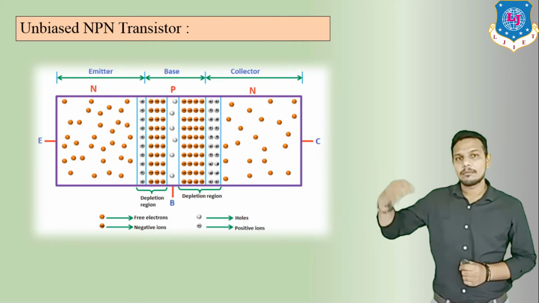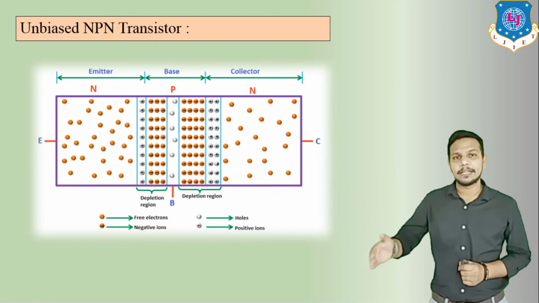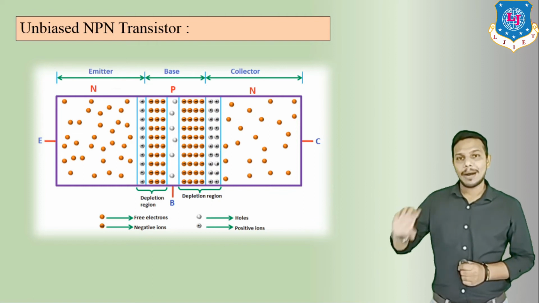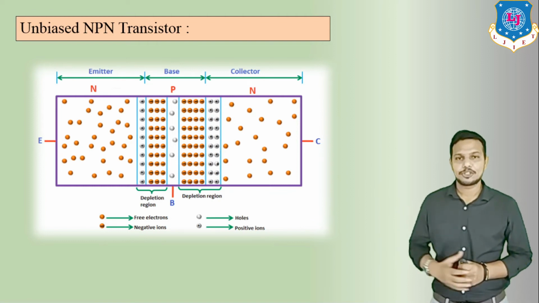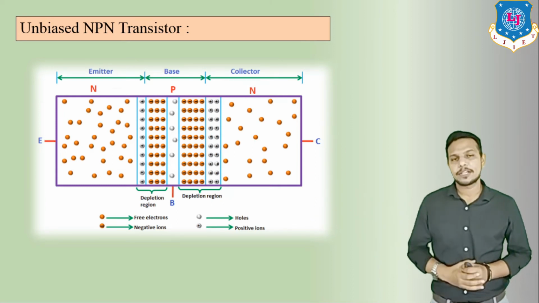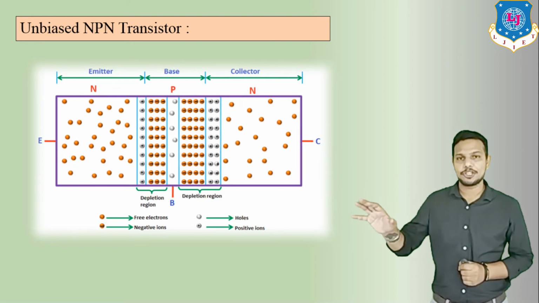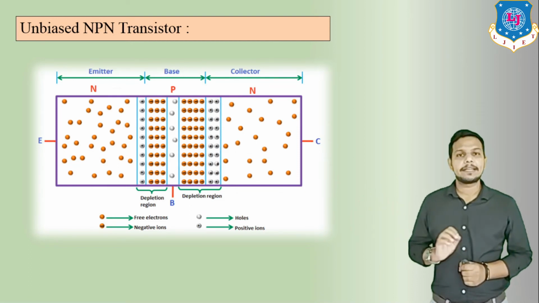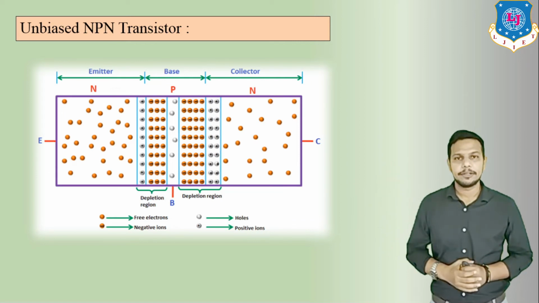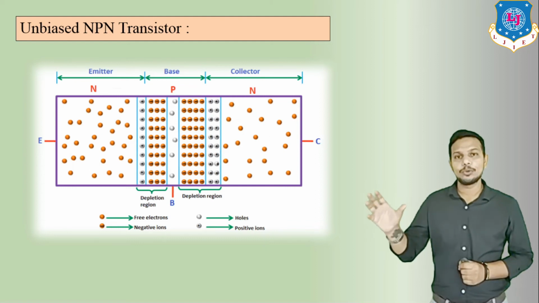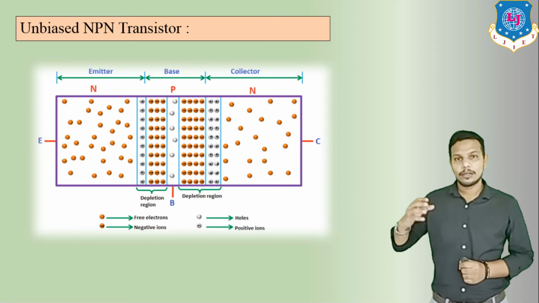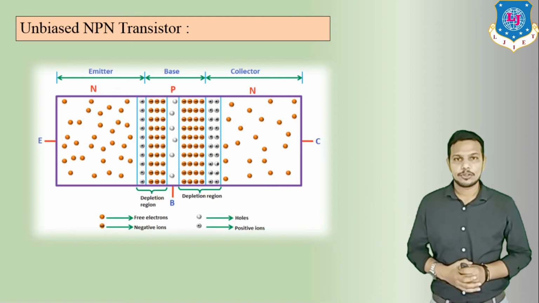The number of electrons and ions is greater inside the P-type material, or we can say inside the base terminal, because the minority carrier charges there are electrons, as we can see from this construction of the NPN transistor. After this depletion region is built, no current can flow from one type of material to another, because the depletion region is also known as a barrier; it stops the flow of electrons.